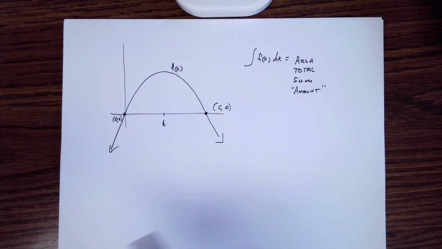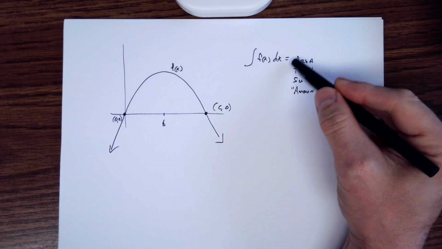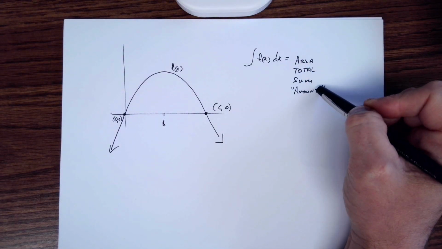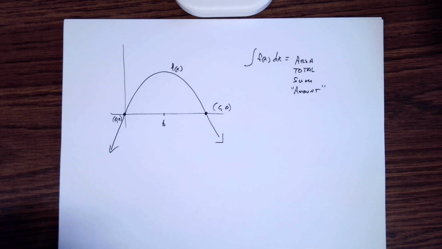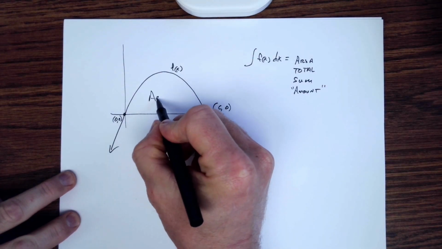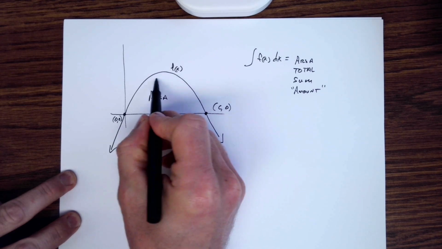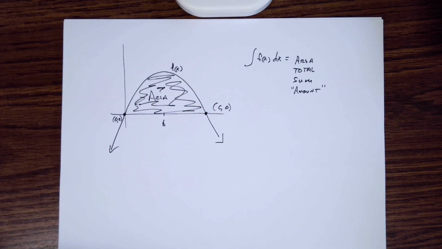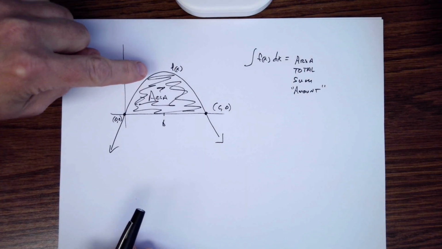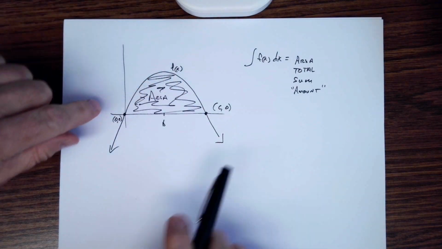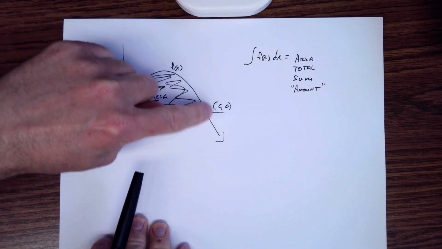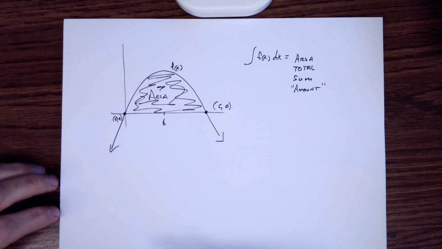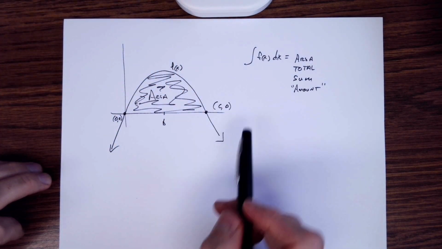There's lots of things that we could be measuring here that fit this collection of answers. And this right here is the area, this whole space. So what integration allows us to do is find how much space exists between this curve and this line, or this curve and some other line even. And that's what we're gearing after.